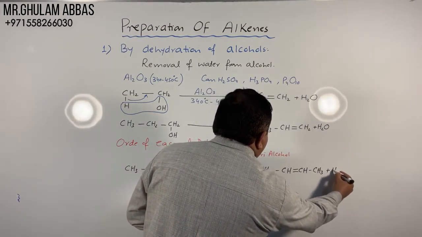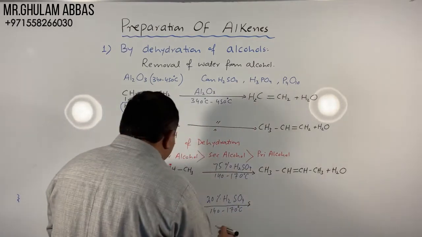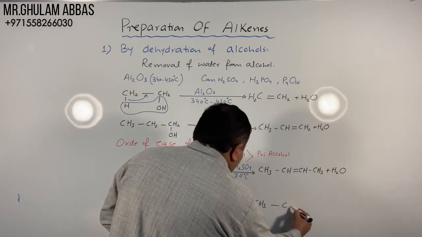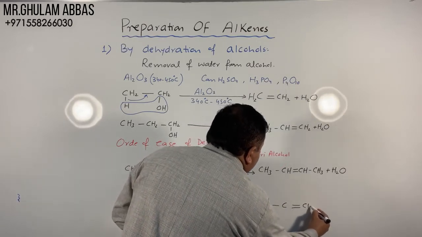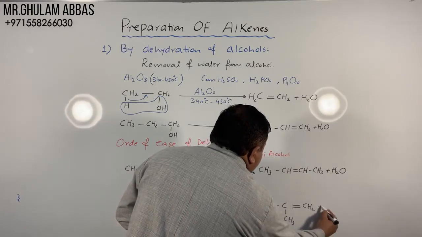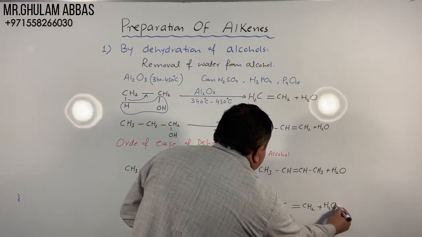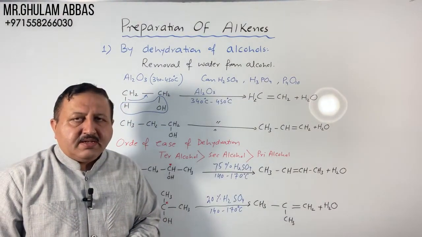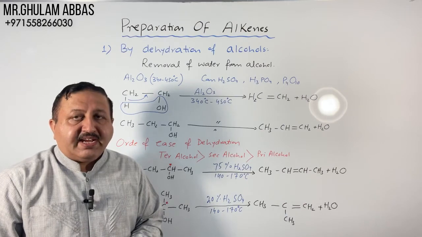Side product will be water. In this case, CH3-C=CH2, with CH3, plus water. So this is the first method for preparation of alkene from alcohol by dehydration of alcohol.